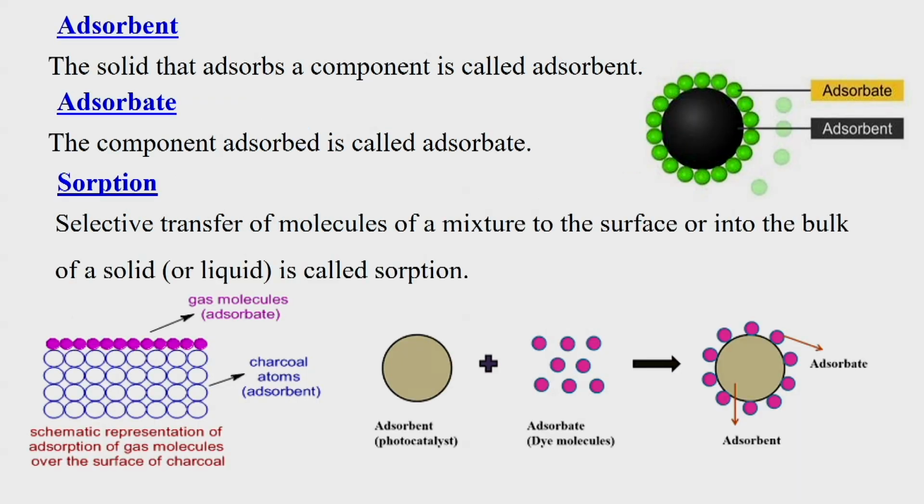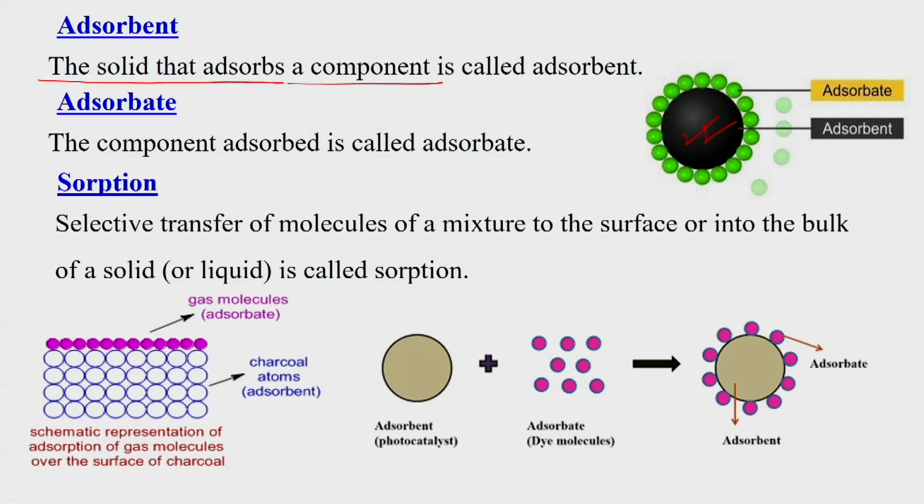Now we need to learn a few terms. Firstly, the adsorbent: the solid substance that adsorbs a component is called the adsorbent. Charcoal is one example, and there are many adsorbents.